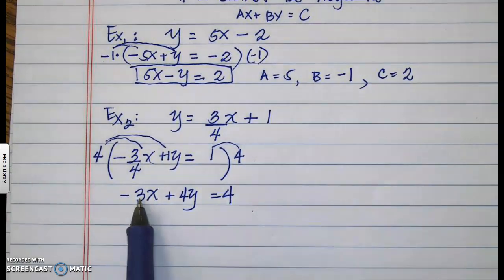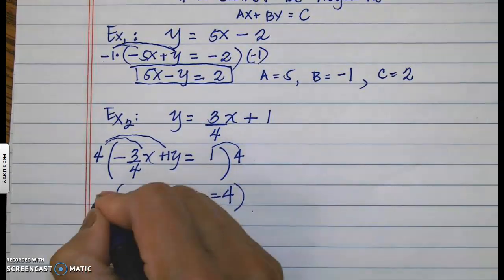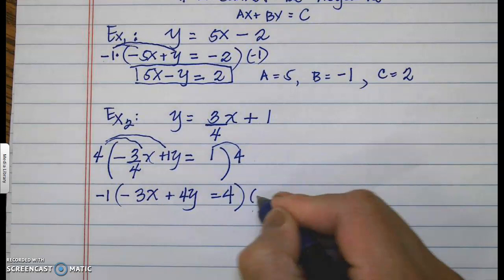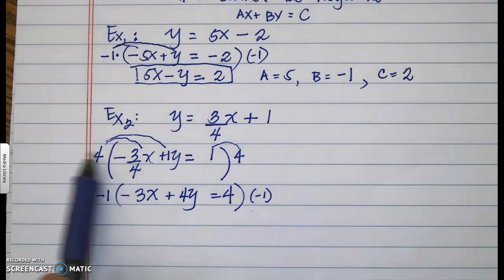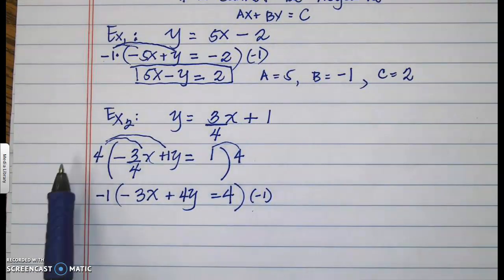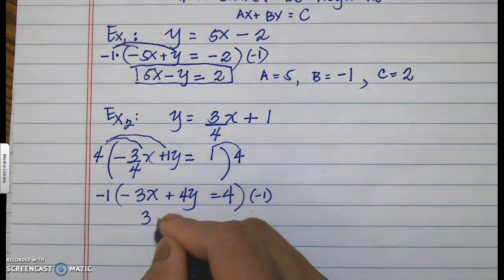I just have to get rid of the negative sign. So I multiply them all by a negative 1. And I'm being so specific here because actually here you can go straight and multiply this all by a negative 4. I did not do that because that might confuse some of you. So anyways, let's go back here. Negative times a negative is now a positive.